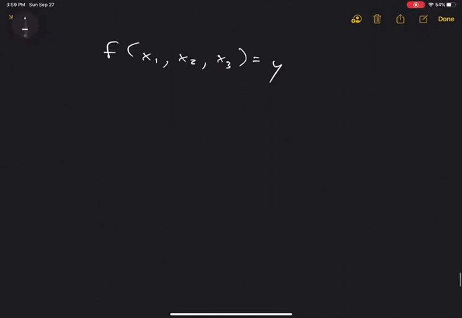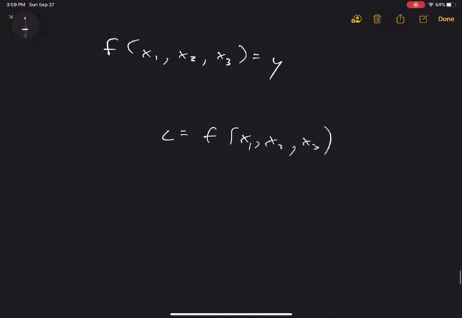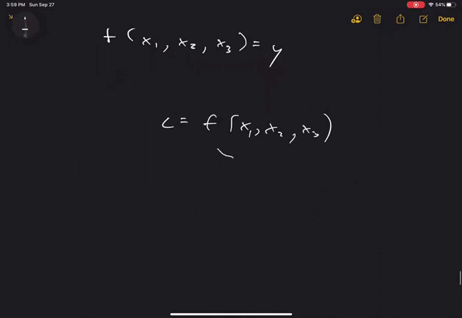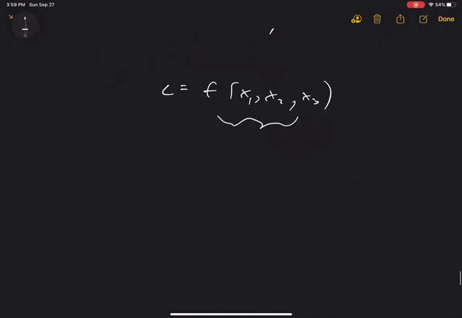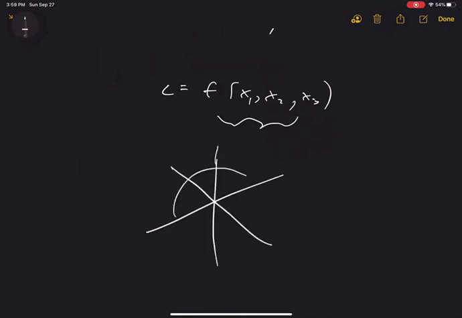So what you could do is level surfaces. Okay, so you could say, let's set y, let's put a constant over there. So you set c equals f of x1, x2, x3. Now, what will this be? This will be an equation in R3, right? So it's something you can graph in R3, and maybe it's like a sphere.